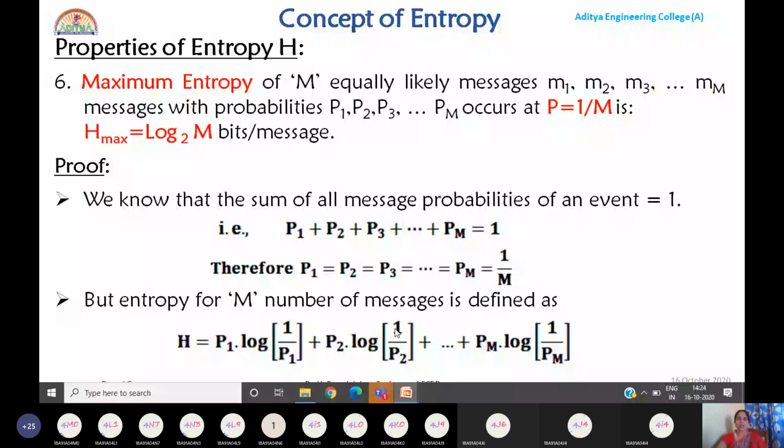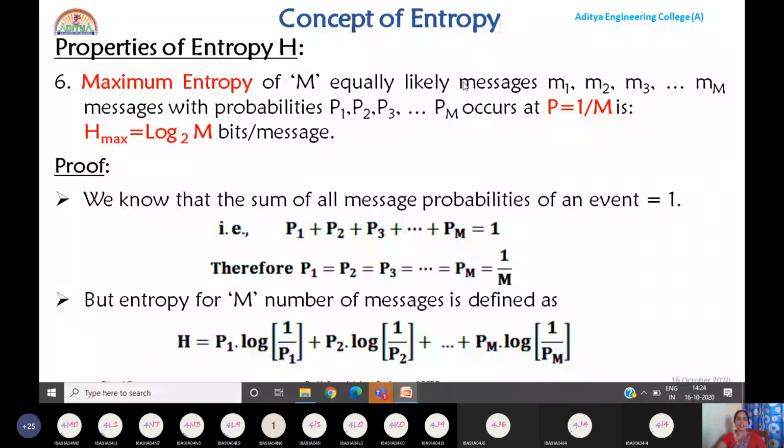Here we are going to calculate the maximum entropy. Now please replace all the probability values as 1 by m. So P1 replace as 1 by m, similarly P2 replace as 1 by m, up to so on Pm also replace as 1 by m, because in the sixth property statement itself we have considered all the messages as equally likely.